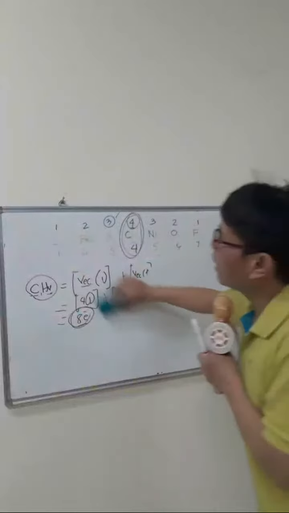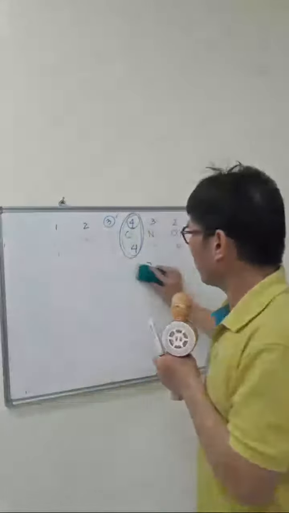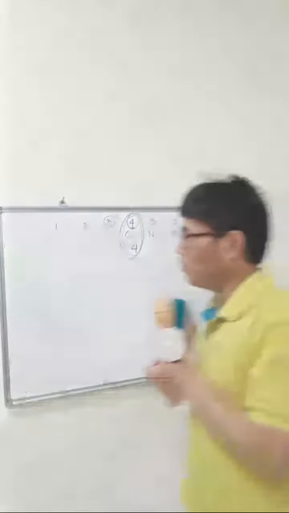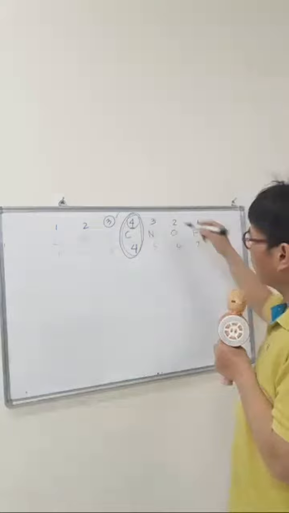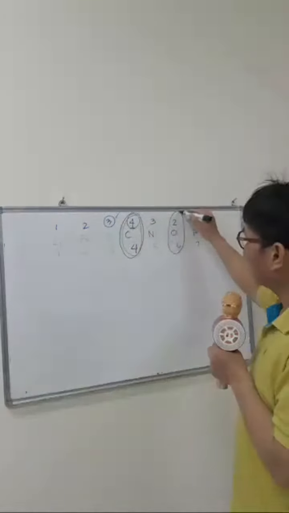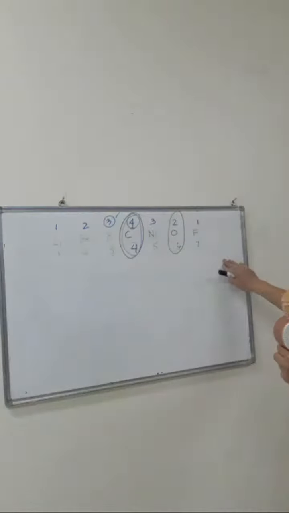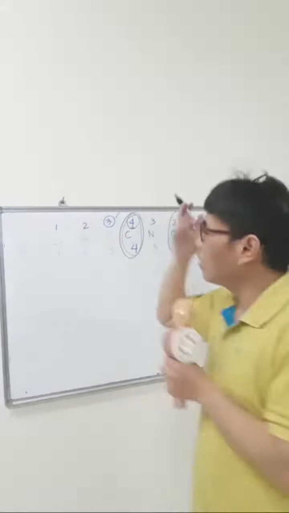Now, for example, I have water. Water is H2O. Oxygen needs 2 bonds only. Hydrogen 2, oxygen 1. If it's not here, the other element will be considered directly.